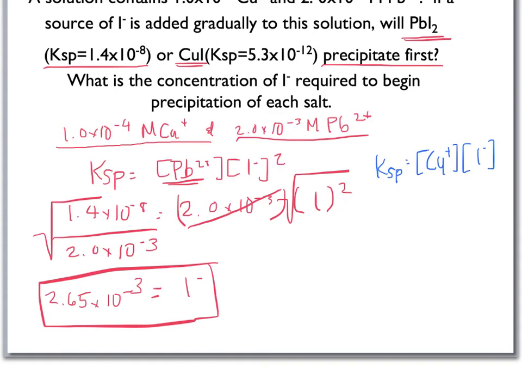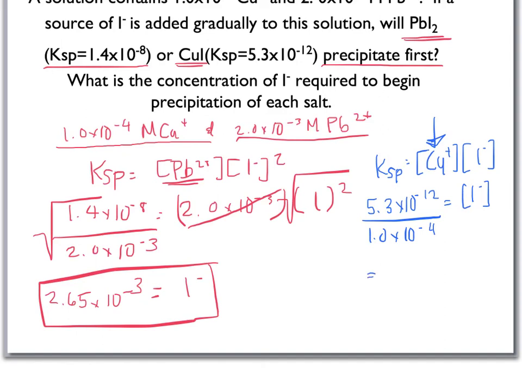So then I can just write 5.3 times 10 to the negative 12 equals, since we're given the KSP of the copper, the concentration of I, and divide it by the given copper concentration, which is 1.0 times 10 to the negative 4.